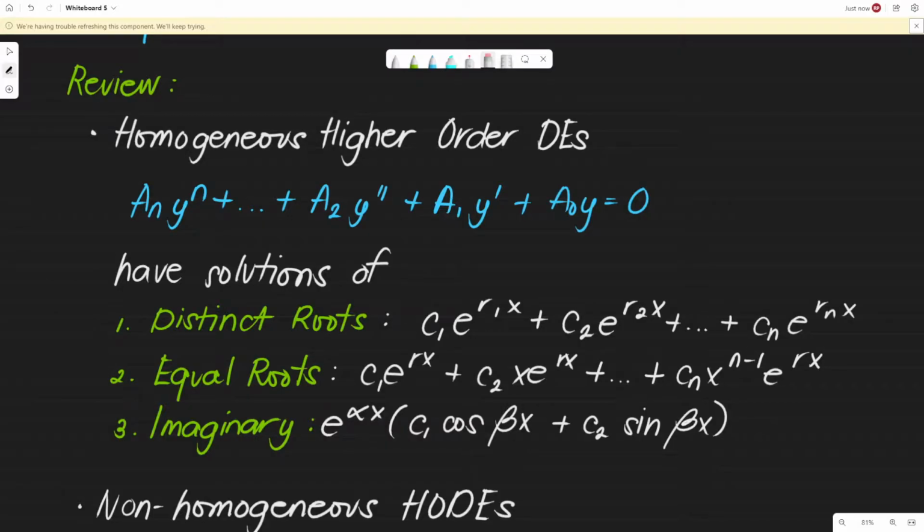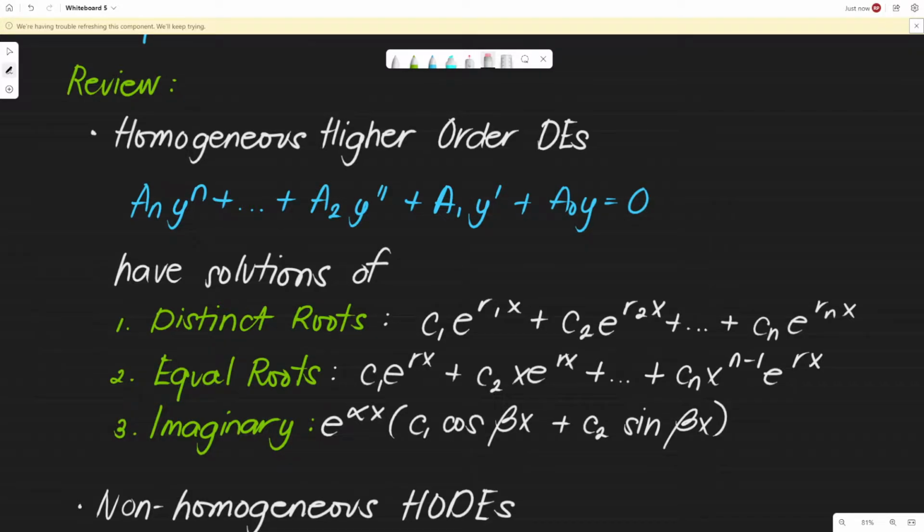First, if distinct yung roots, ito yung gagamitin natin: C1 e raised to R1x plus C2 e raised to R2x plus up until Cn e raised to Rnx, where R1, R2 and Rn are the roots ng equation na hinahanap natin, then C1 hanggang Cn are the arbitrary constants natin.